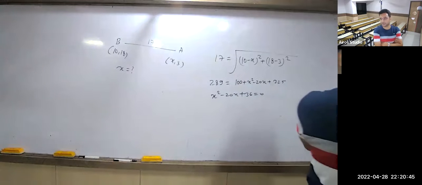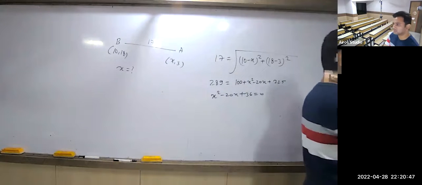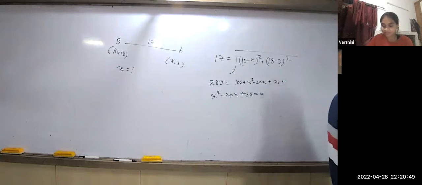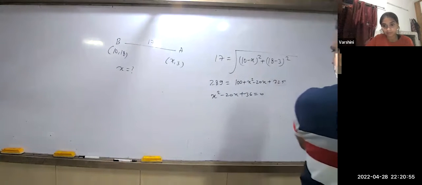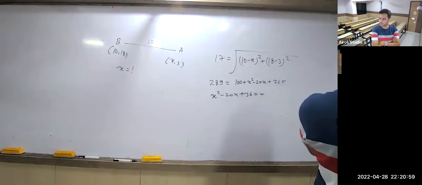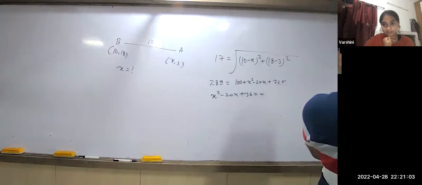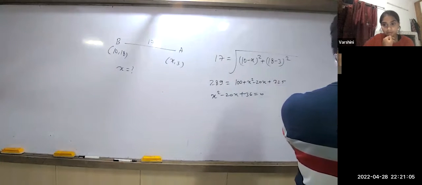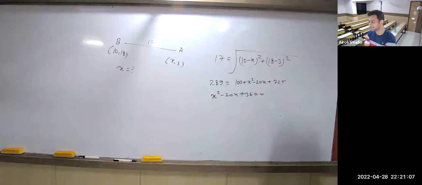By which method you are finding the roots? Just tell me. A plus b is equal to minus 20 and ab is equal to 36. Okay, so you are using sum of roots and product of roots. We should not use that, sir. No. Why you are using that?